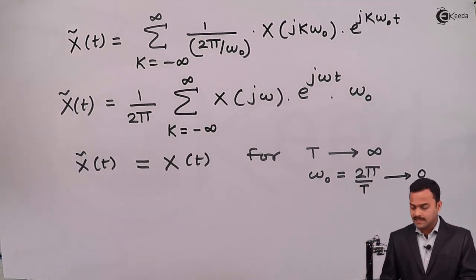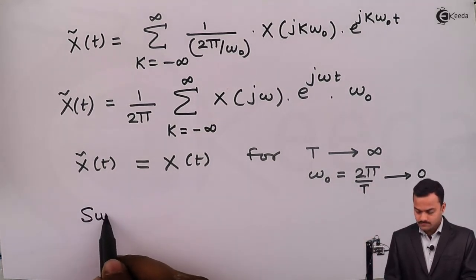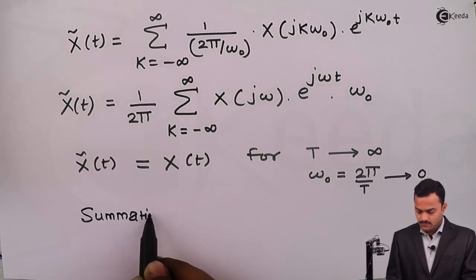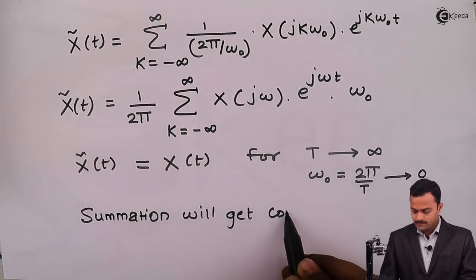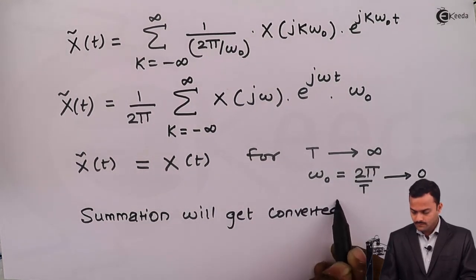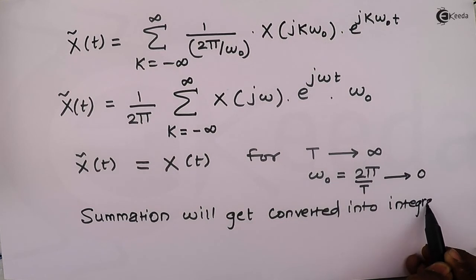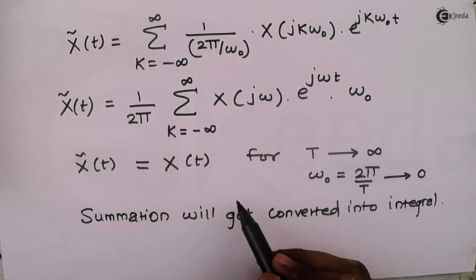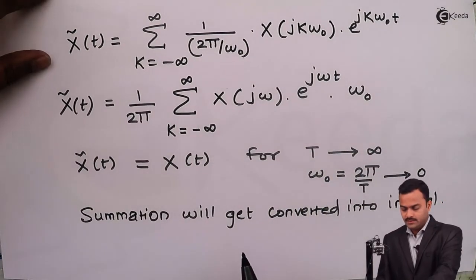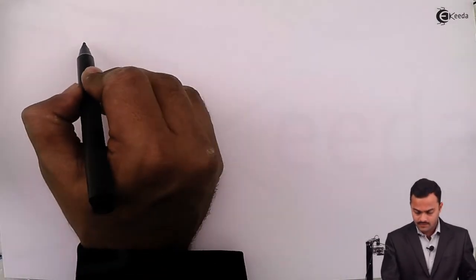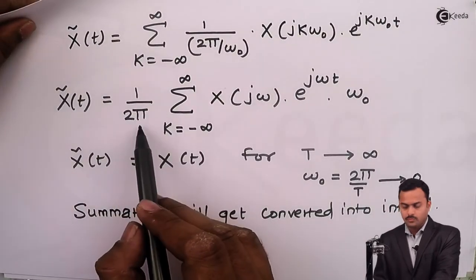And what are the changes happening over here? If the frequency tends to 0, the summation gets converted into an integral. So x bar t will become x of t. The expression will be like this: x of t equals 1 upon 2 pi, which will remain as it is.